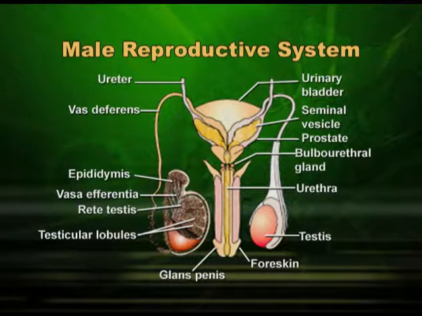There are prostate glands. Secretion from the prostate gland will also come, and then there is the bulbourethral gland, which will join the urethra towards the end, and it will give out the secretion which provides lubrication.